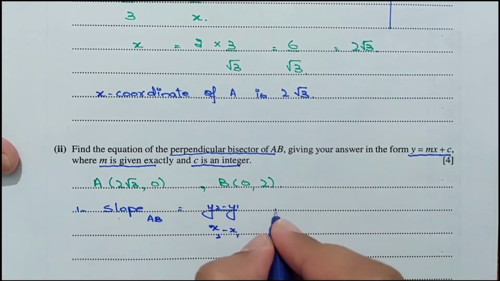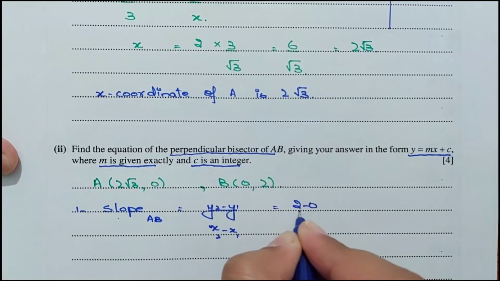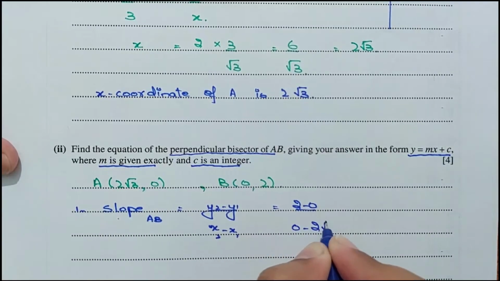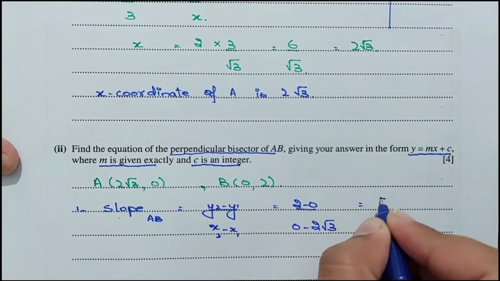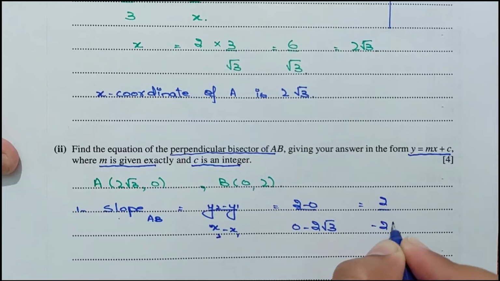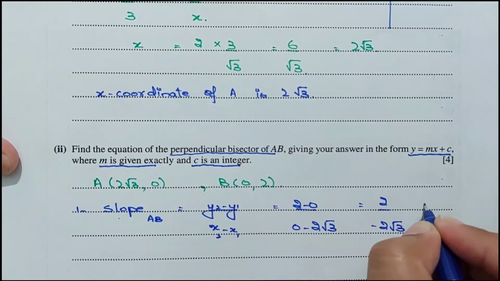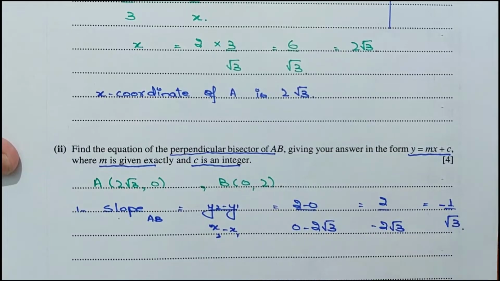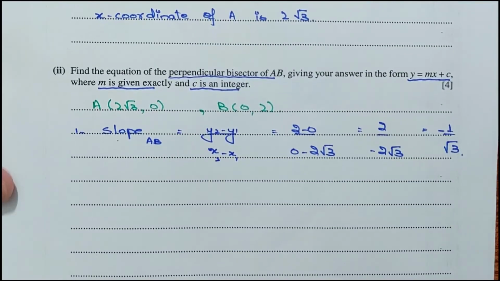So 2 minus 0 over 0 minus 2 root 3, which is 2 over minus 2 root 3. The 2s cancel, so we are left with minus 1 over root 3.